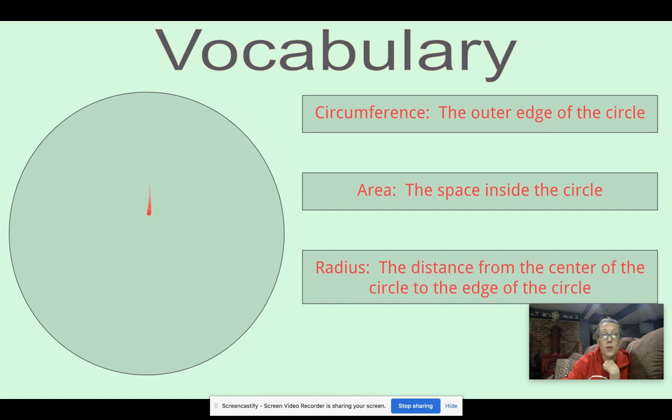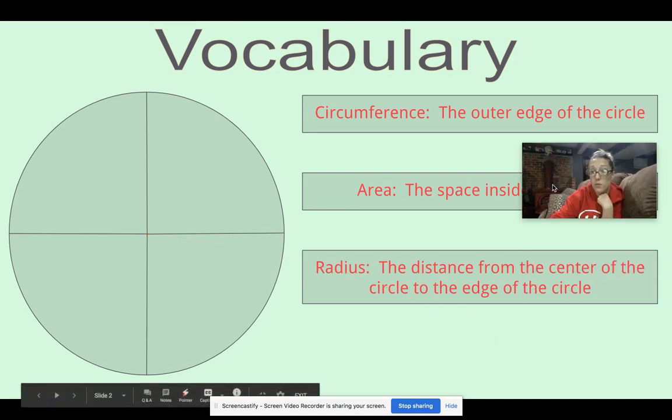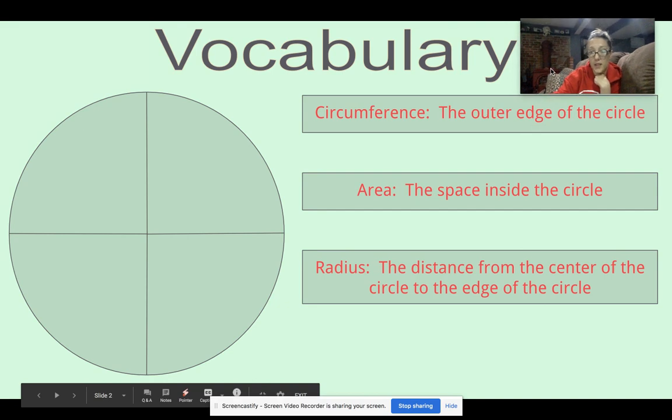You might see radius going from the center all the way to the right, or going up, or center to the side or center down. As long as it is starting in the center and going to any edge of the circle, that is your radius.